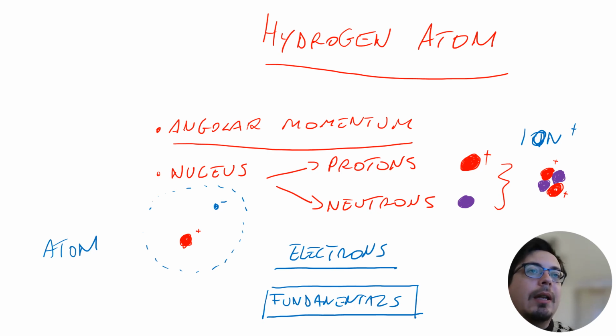If you check your chemistry books, you will definitely remember a picture like something like this: a nucleus with some charge and some electrons around. And then the more complicated, I will tackle this.